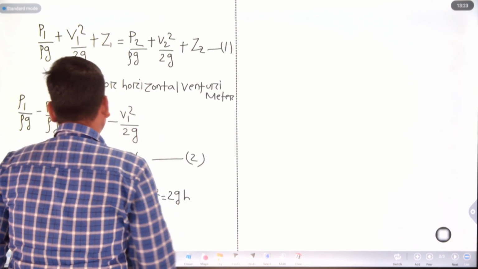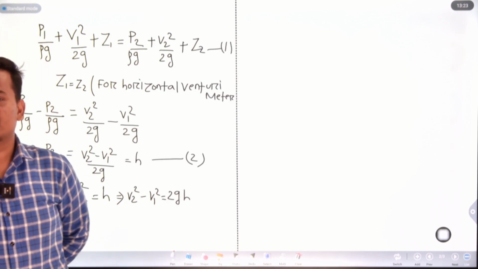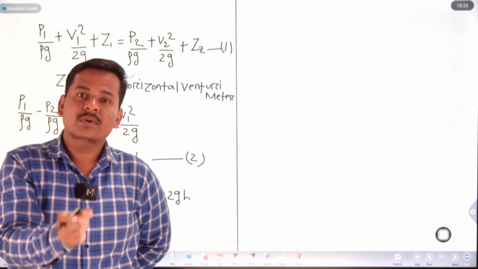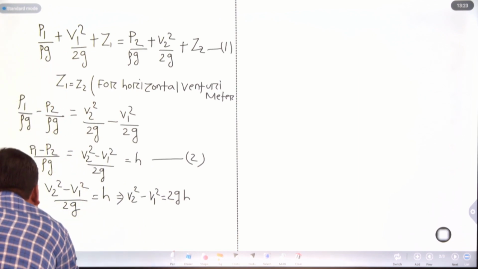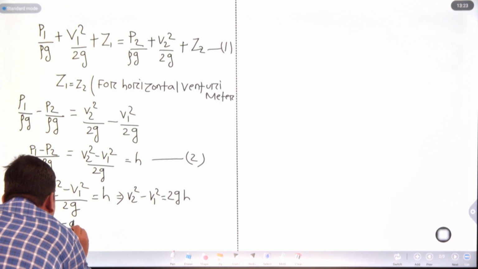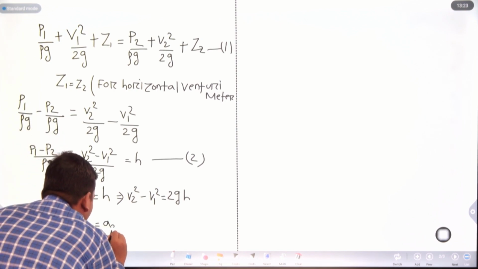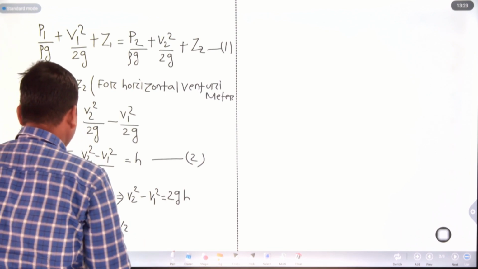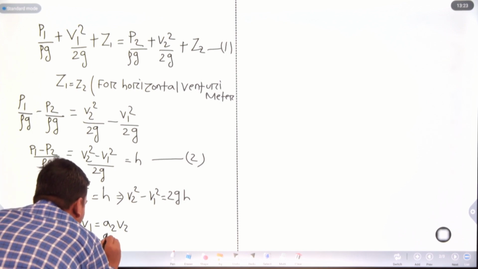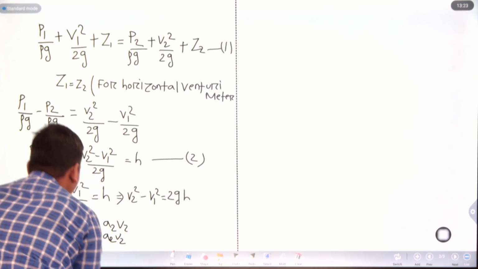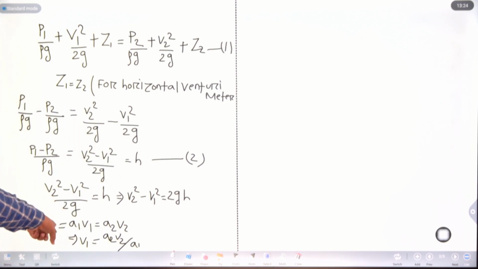We know that the discharge Q is equal to A1 V1 is equal to A2 V2 at section 1 and section 2. Now V1 is equal to A2 V2 divided by A1. This is the value of V1.